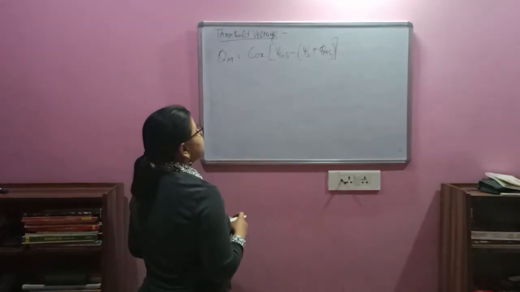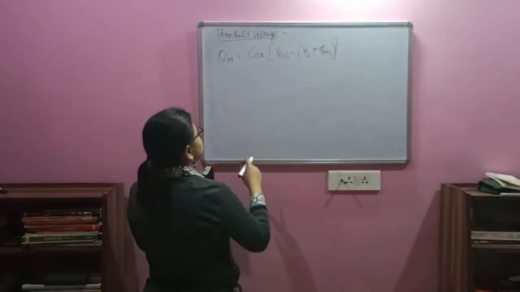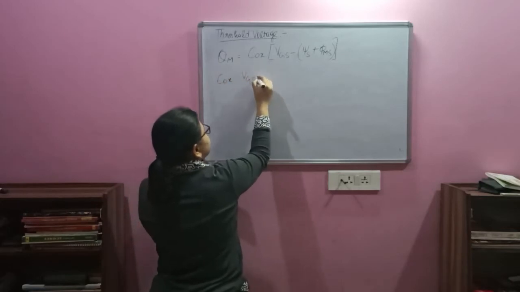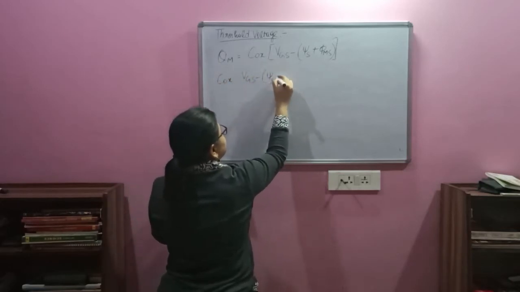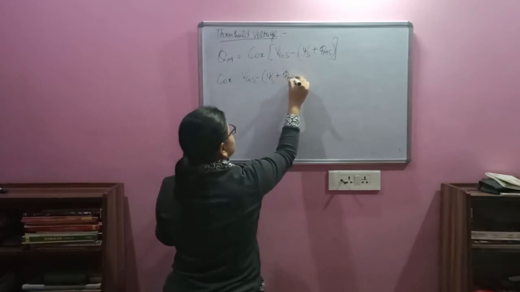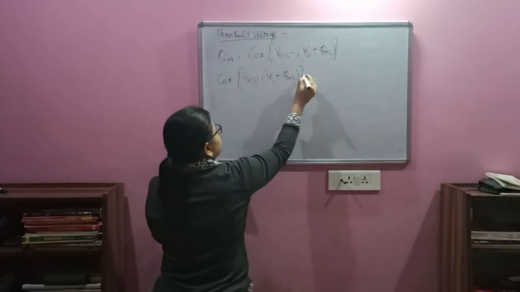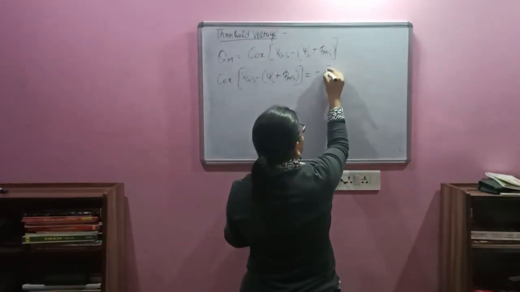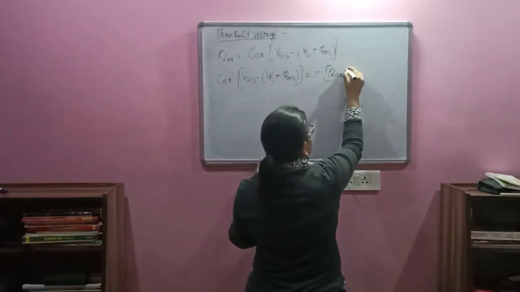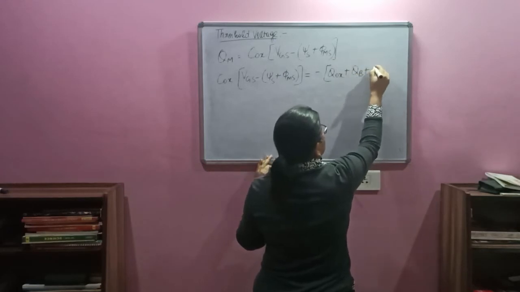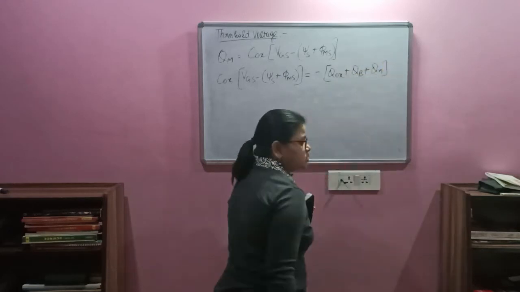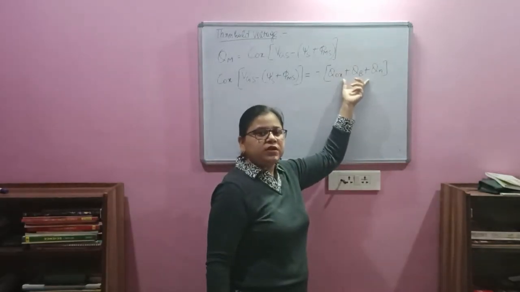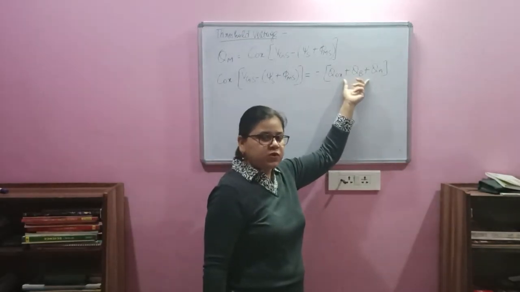And by using the charge balance equation, this can be rewritten as minus of Q oxide plus bulk density plus inversion density. This term comes from the charge balance equation which we wrote at the very first stage of the threshold voltage.